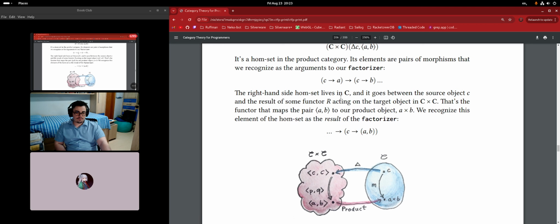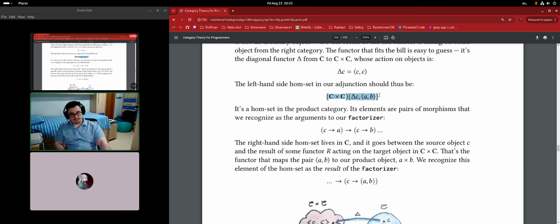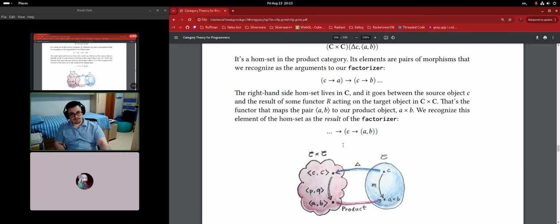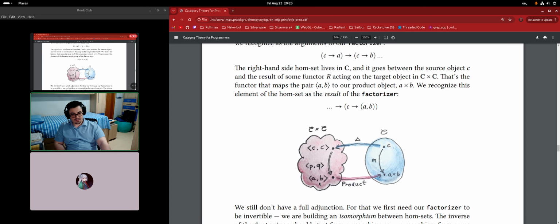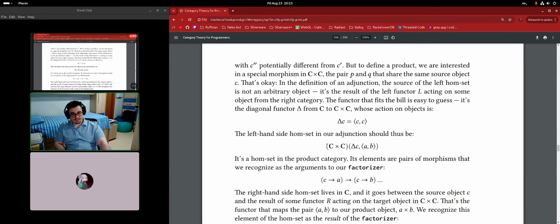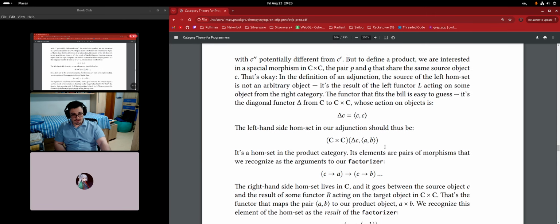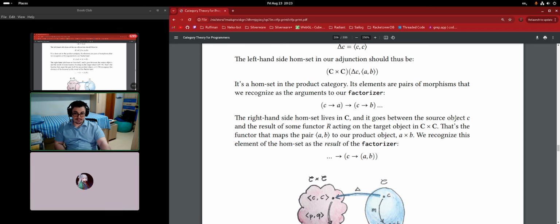Okay, so this thing is the home set of delta C, which is this thing, and AB, which is this thing. Agree? Yes. Cool. So this is the home set of that. We don't know the home set of the right hand side because it's not showing up for some reason.